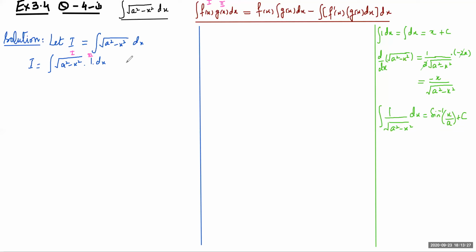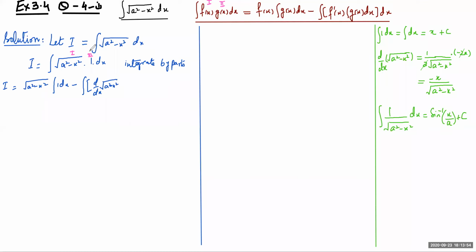The result will be integral I is equal to first function times integral of second, minus integral, bracket starts, derivative of first function.